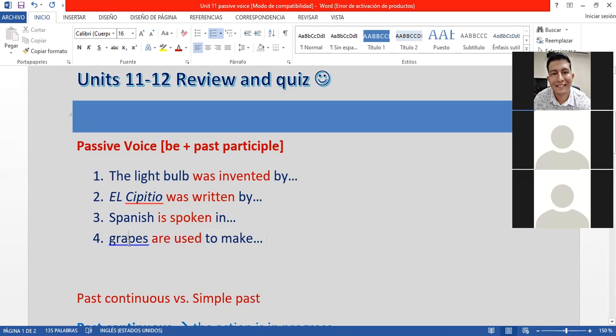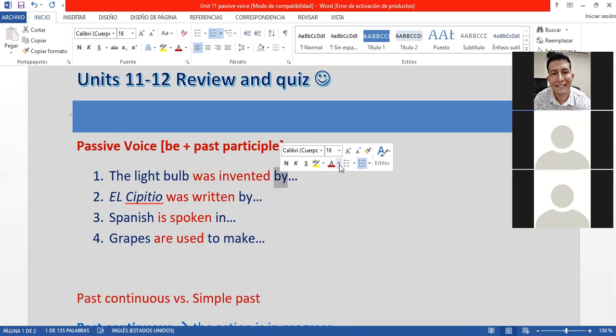Okay, so here we have two examples in the simple past, and we have two examples in the simple present. Again, this is the passive voice. The structure is the verb to be plus the past participle. Esme, this is just for example, okay?